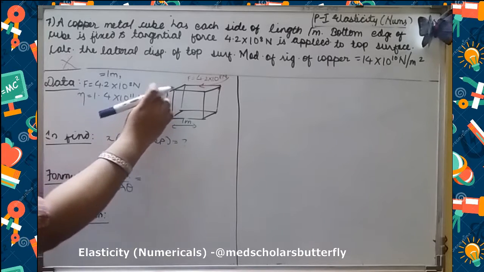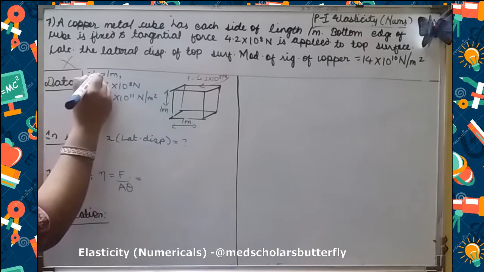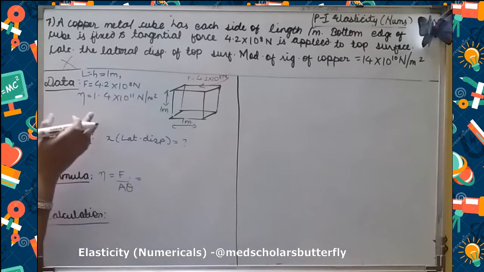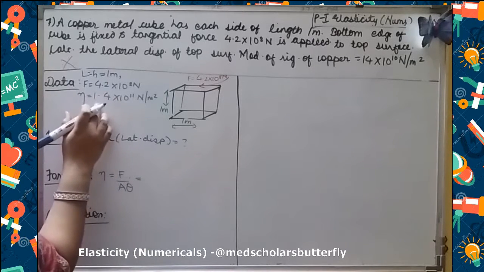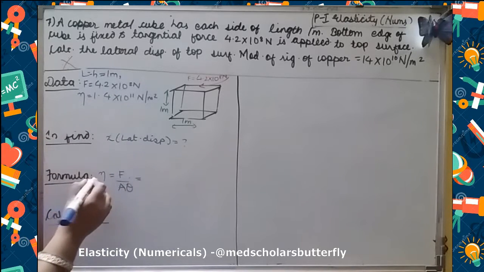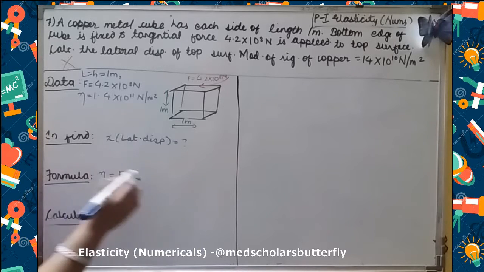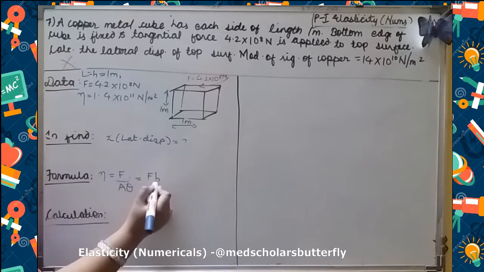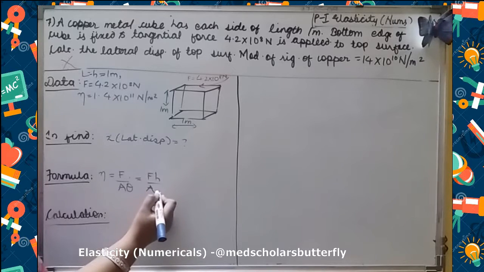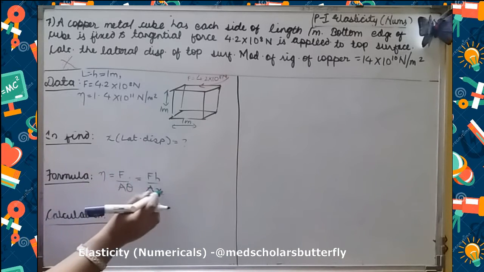We were given that all the sides are 1 meter only. That means length and also height are 1 meter. Force is written here. Modulus of rigidity or eta is given. We have to find lateral displacement, that is x. We remember we derived this formula F upon A theta. Its extended version is F H upon A x. So from this you have to find x.